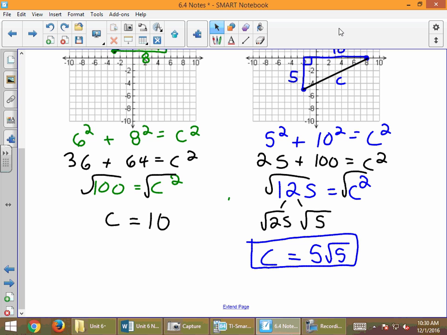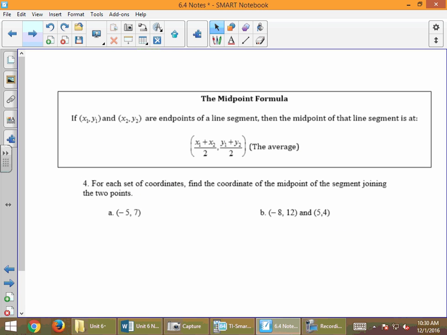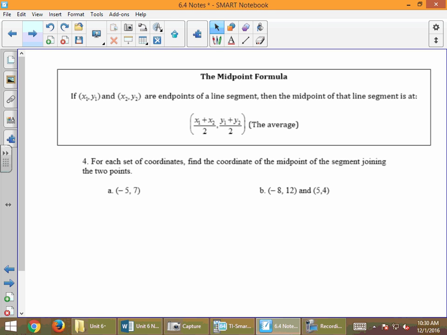Okay, one more aspect, real easy concept: midpoint. The midpoint formula is another really important formula. We're actually going to use this a lot with what we're doing next week. You're not going to be given this formula, but when you're asked to find the midpoint, you're finding the average.